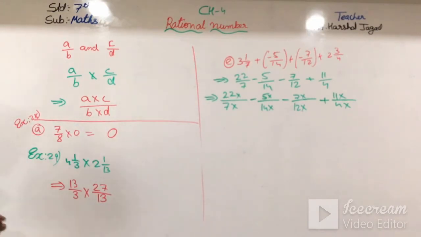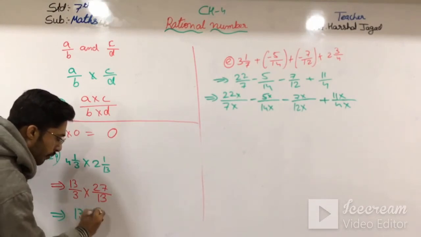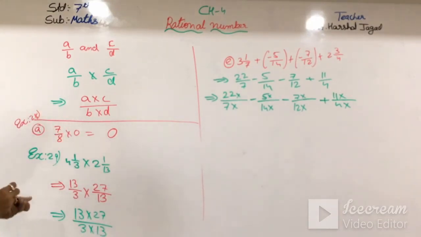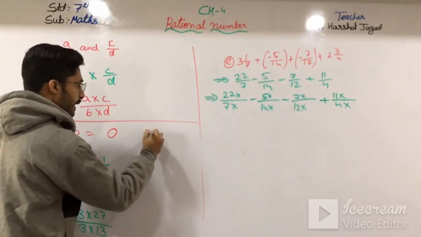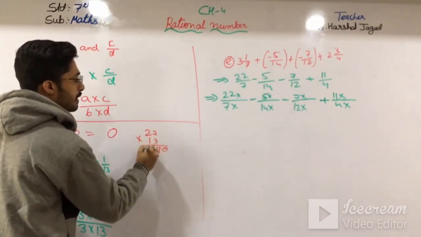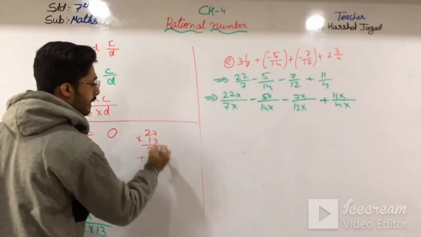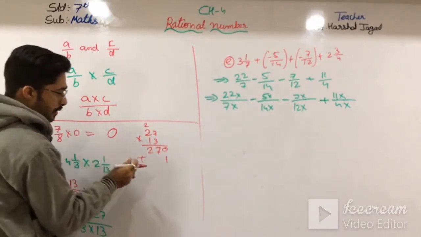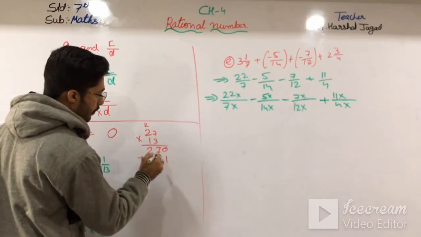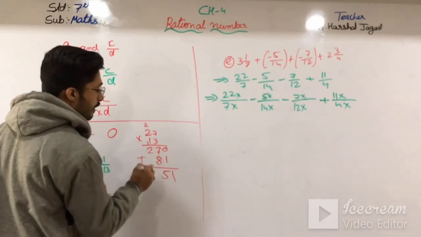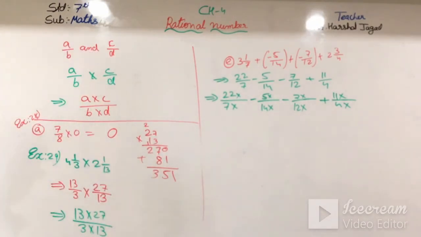Okay students, now we have to multiply this. So what we will do, 13 into 27 and 3 into 13. Multiplying, let us multiply 27 into 13. 7 ones are 7, 2 ones are 2, plus 7 3s are 21, 2 3s are 6, 6 plus 2, that is 8. 3 5 1.